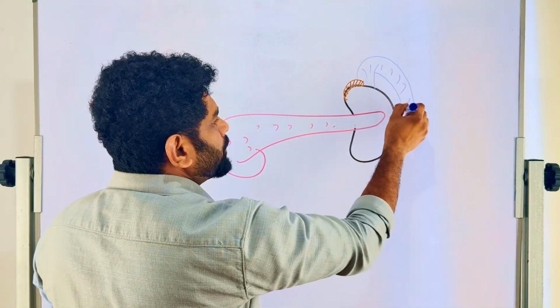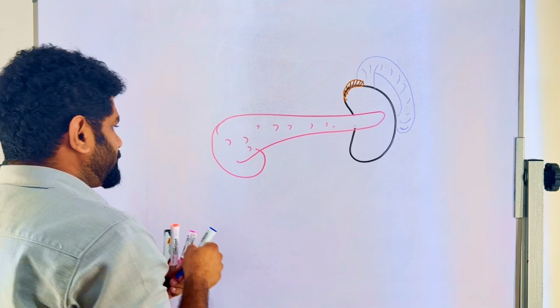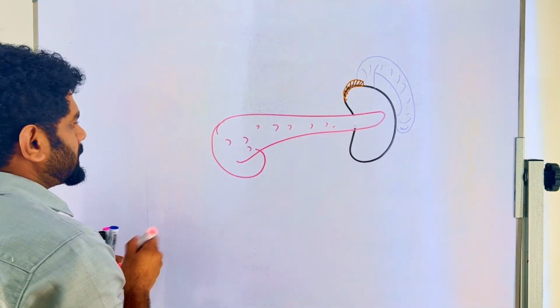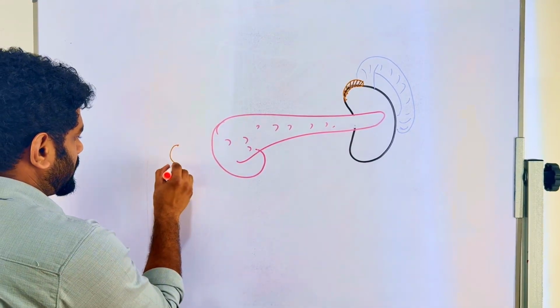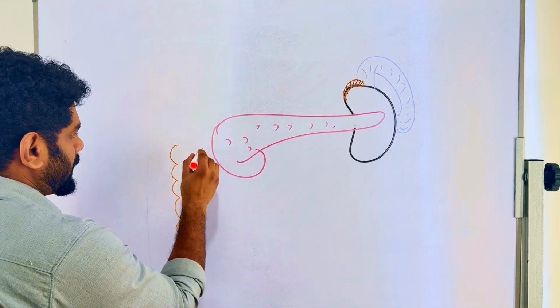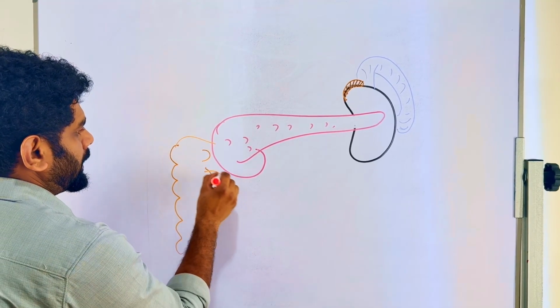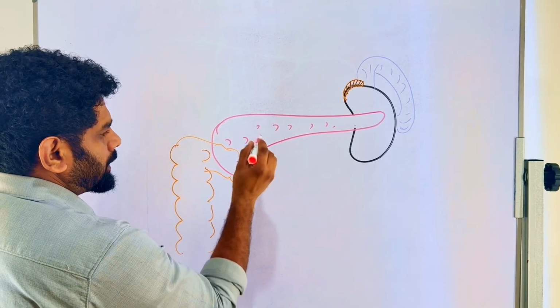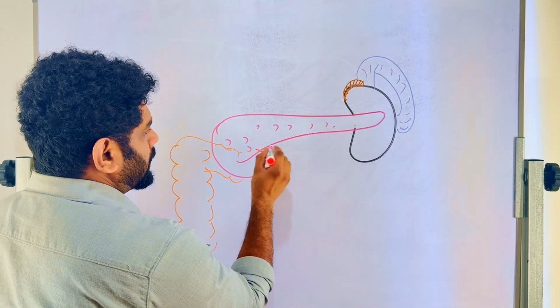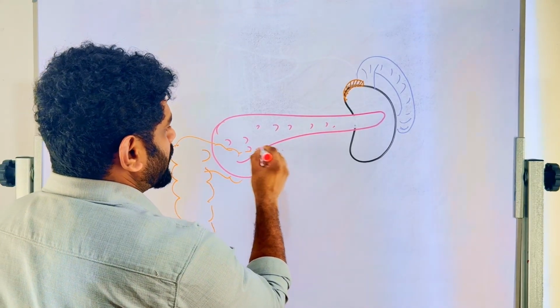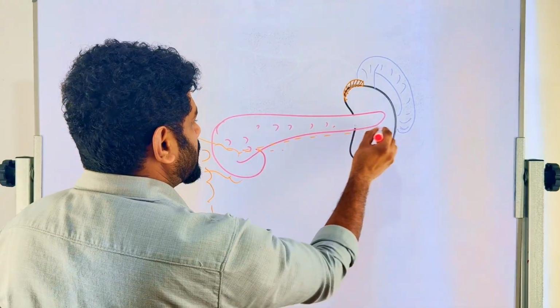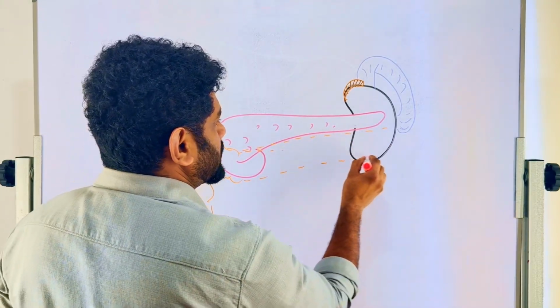Let's say here we have our ascending colon, and here we have the transverse colon. For a moment, I will draw it in dotted lines.